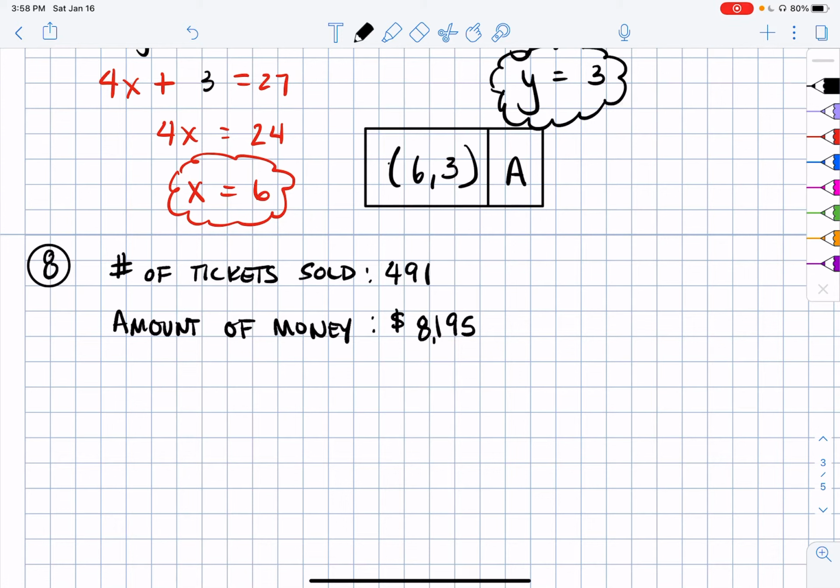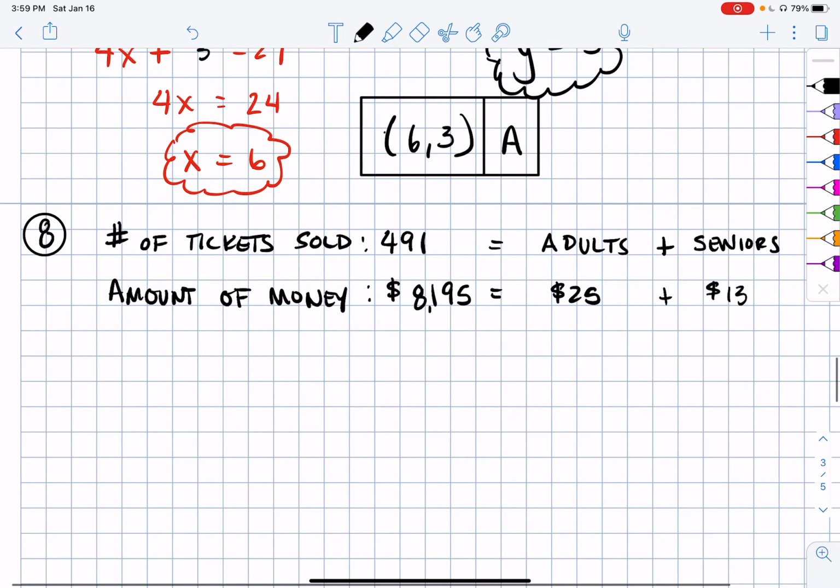What I do know is that the 491 tickets were adults and senior citizens. The cost of adult tickets was $25, and the cost of senior tickets was $13.